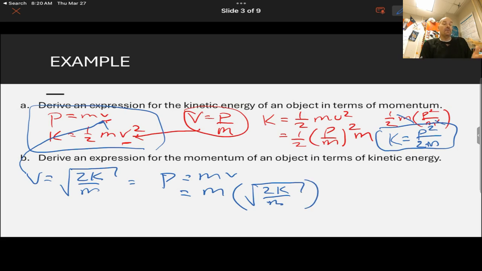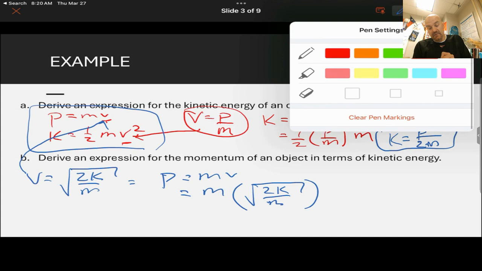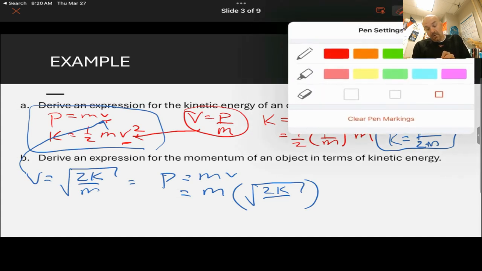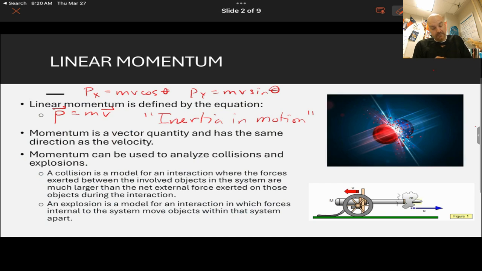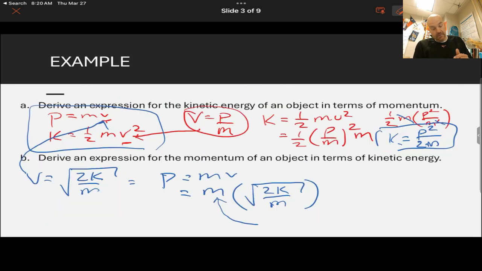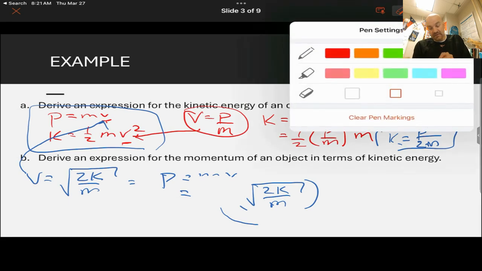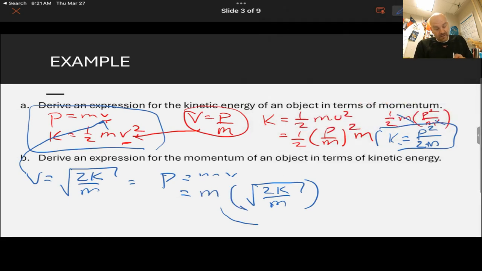You can leave it as that, or we can make it a little nicer. We can take this m and bring it inside the square root as m squared, and then do some simplifying.